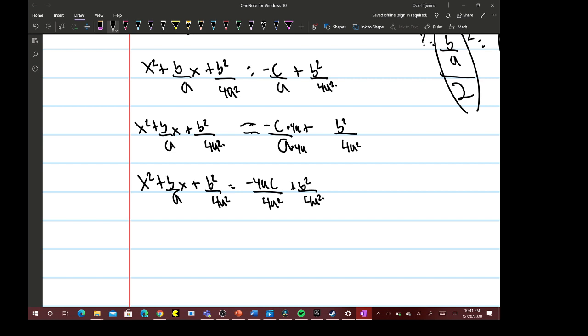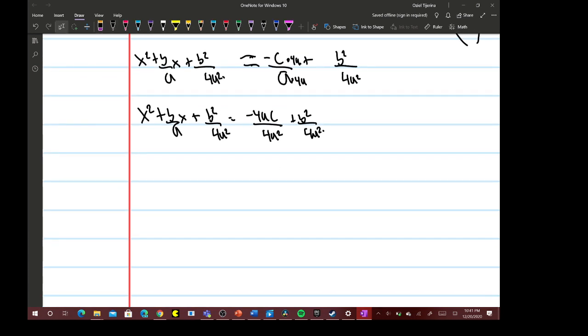And then you can take the perfect square of this, and you can say that this is equal to the quantity x plus b over 2a, quantity squared, is equal to, let's see here, oh yeah, b squared.